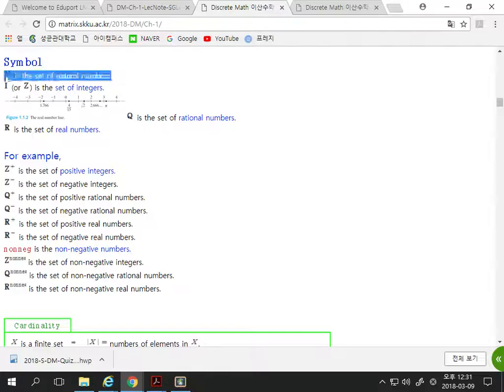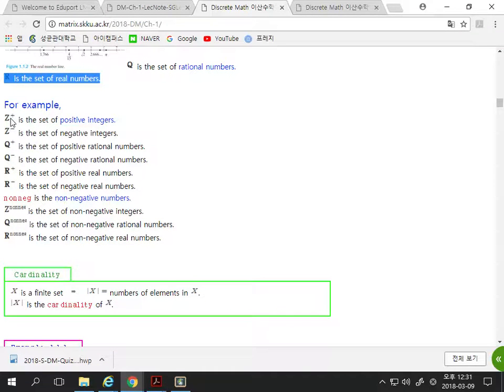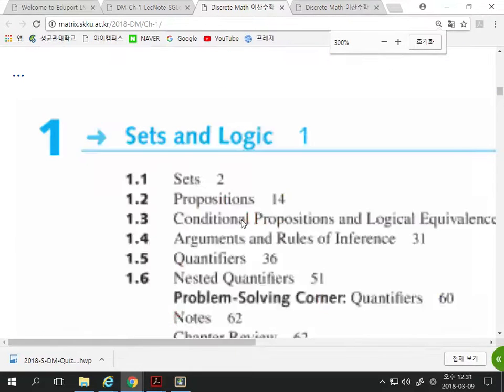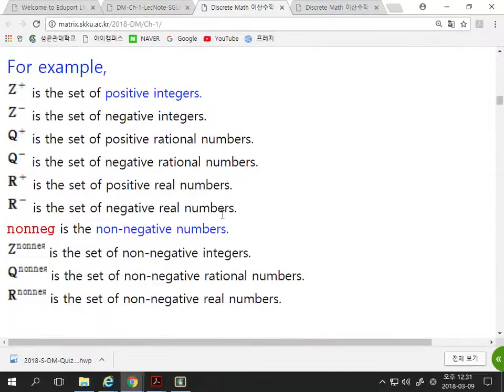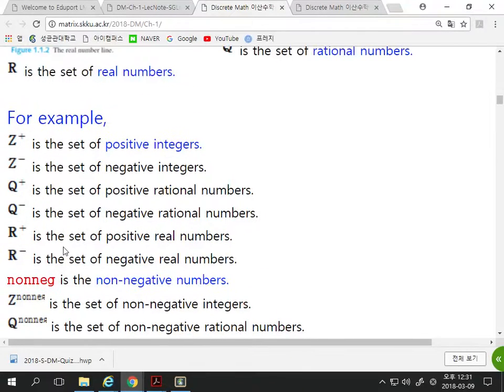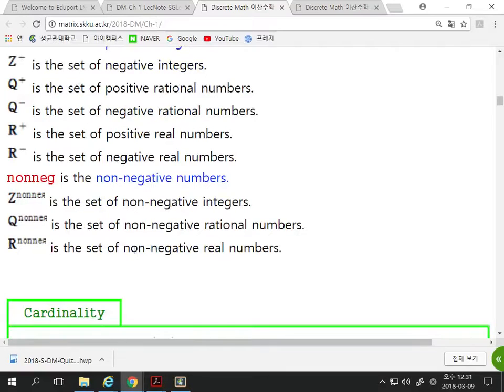N is the set of natural numbers, I is the set of integers, Q is the set of rational numbers, R is the set of real numbers, I plus is the set of positive integers, I minus is the set of negative integers, and I non-negative is the set of non-negative integers. I can make it a little bigger. So we will use these notations, as the author prepared.